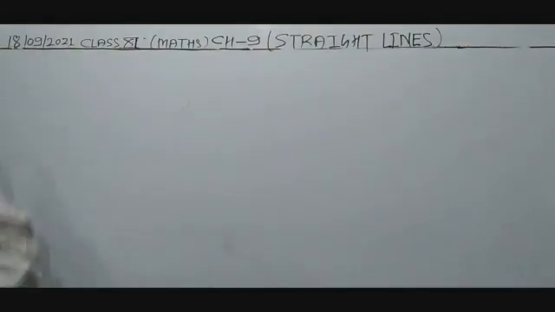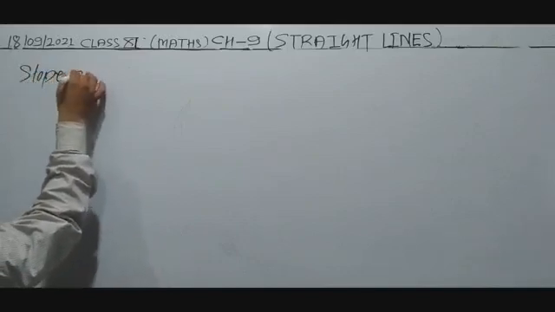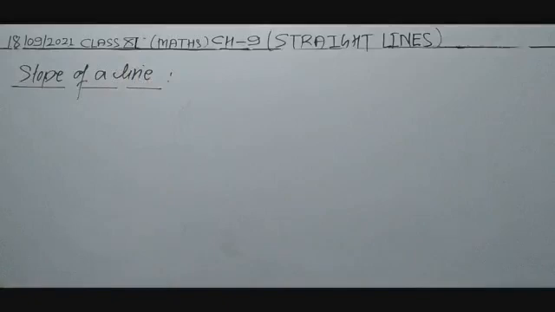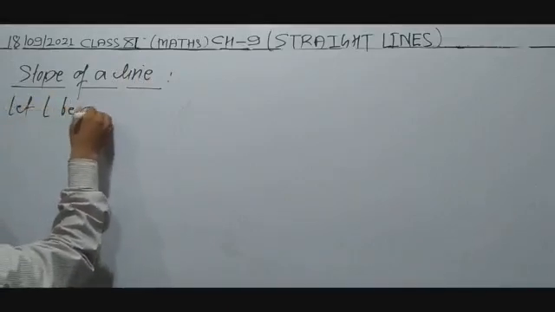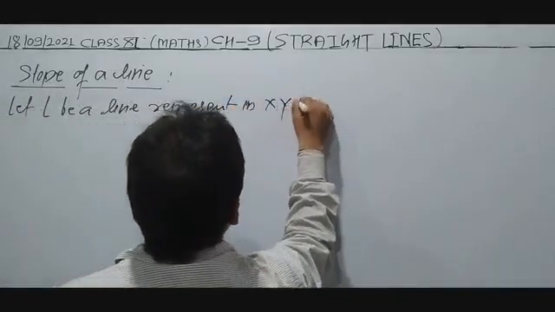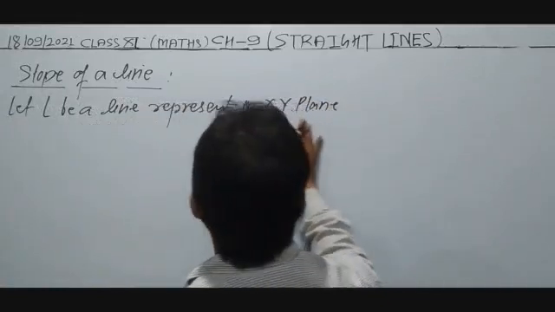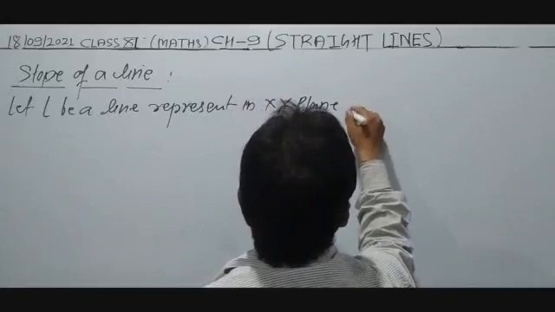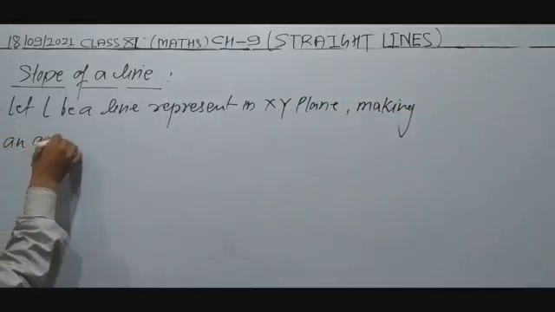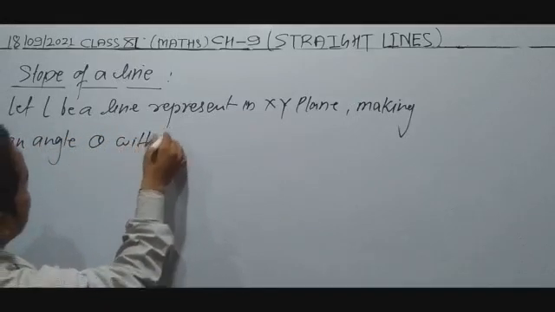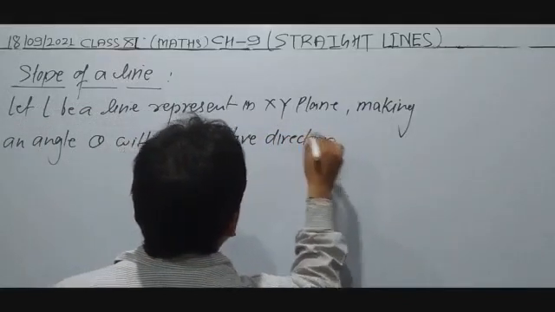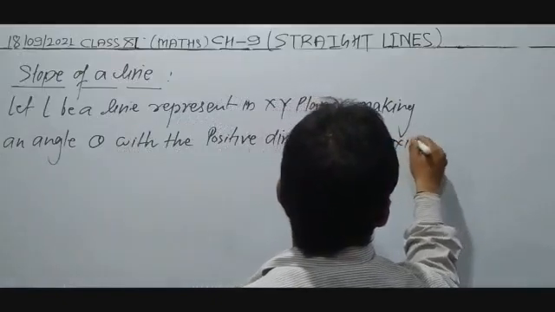Slope of a line. Let capital L be a line represented in the xy plane, making an angle of theta with the positive direction of x-axis.